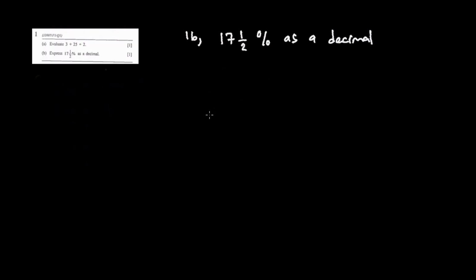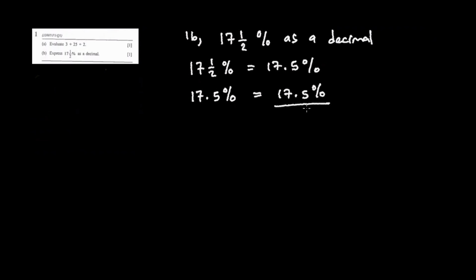Now, when we have deduced what we have to do, we can convert 17.5% to a decimal. If we write it as a decimal, 17.5% will be equal to 17.5% over 100.